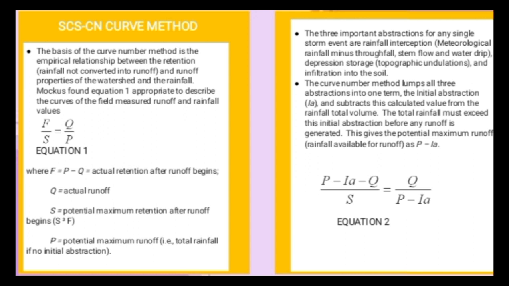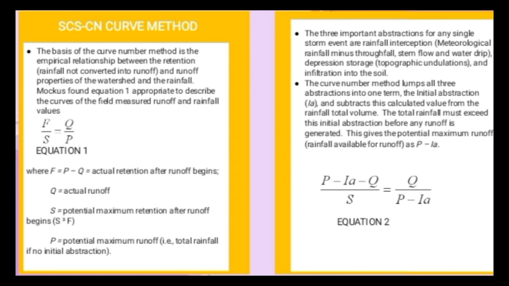The three important abstractions for any single storm event are rainfall interception, meteorological rainfall minus throughfall, stream flow and water drip, depression storage, and infiltration into the soil.